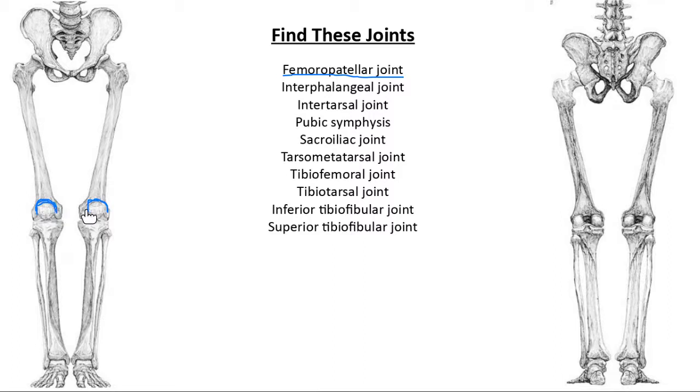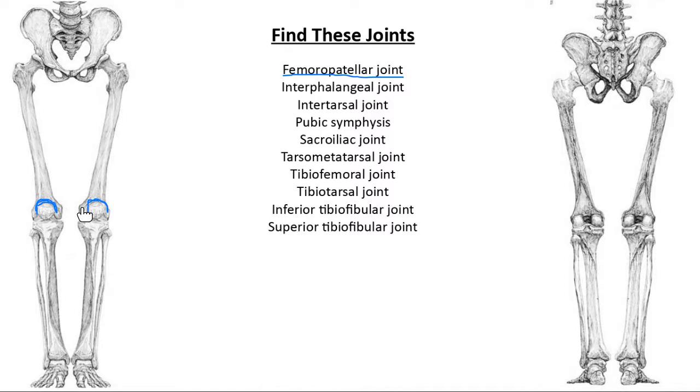That's the femoropatellar joint. And you can feel this on yourself. So when you swing your leg out and in, you can feel your patella staying stationary, but that femur moving past it a little bit. By the way, I think I mentioned this last week. I want to make sure I mention it this week for sure.